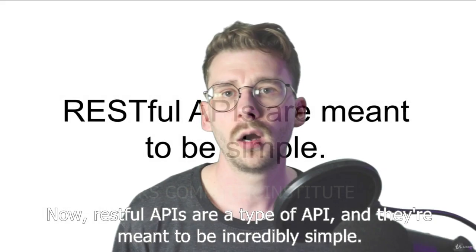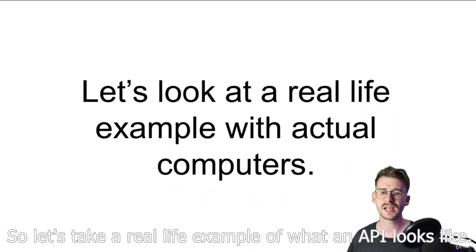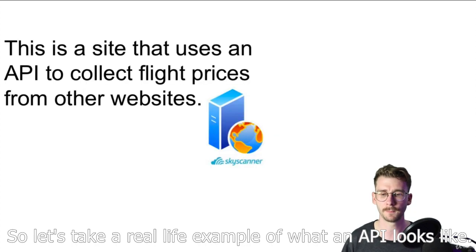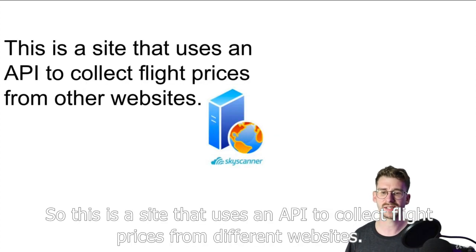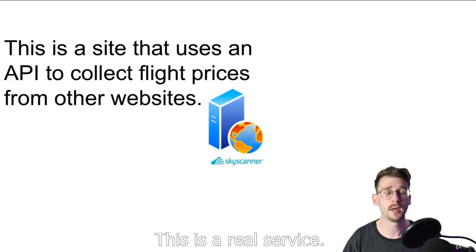Now, RESTful APIs are a type of API. They're meant to be incredibly simple. So let's take a real life example of what an API looks like. This is a site that uses an API to collect flight prices from different websites. We're going to be using a service called Skyscanner. This is a real service.